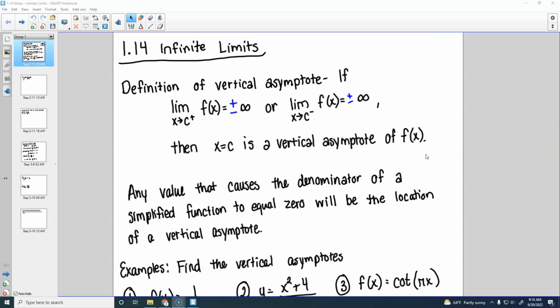So it can be either side. It does not have to be both sides. Sometimes both sides approach the same infinity. Sometimes one side approaches positive infinity and the other negative infinity. Sometimes, like with log functions, you only approach from one side, but it's still called a vertical asymptote. So it doesn't have to be both sides. It could be either or.